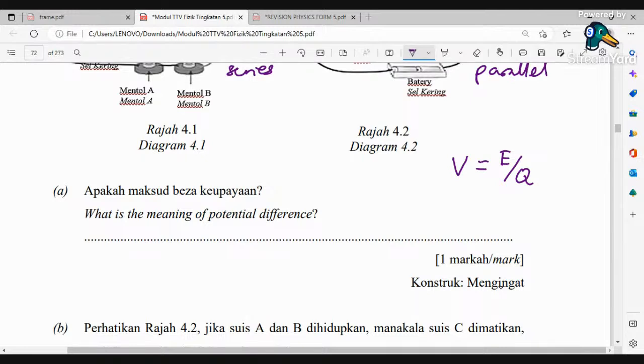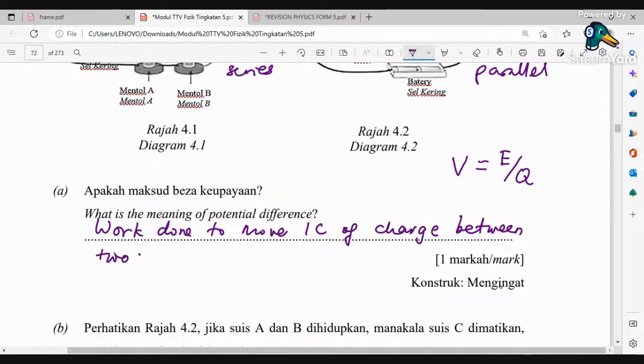So we will define based on this formula, which is work done or electrical energy pun boleh to transfer or to move 1 coulomb of charge, okay, between 2 points in an electric circuit.